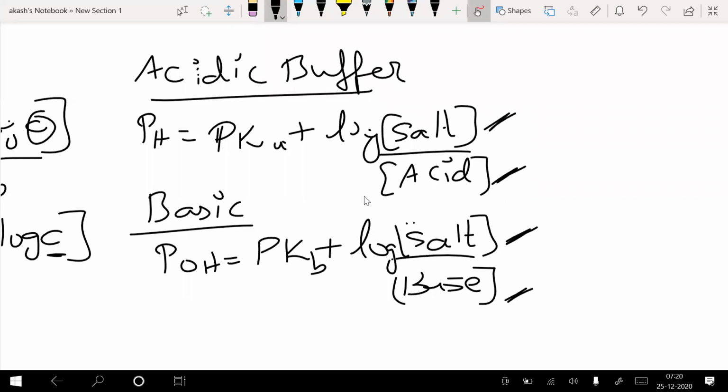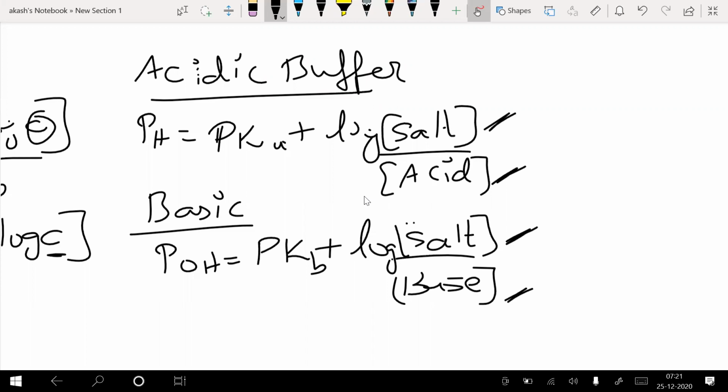Okay, I repeat the question. Calculate the pH of a solution in which 0.2 M NH4Cl and 0.1 M NH3 are present, and they have given the pKb value of NH3 is 4.74. Okay, now tell me which question is it?